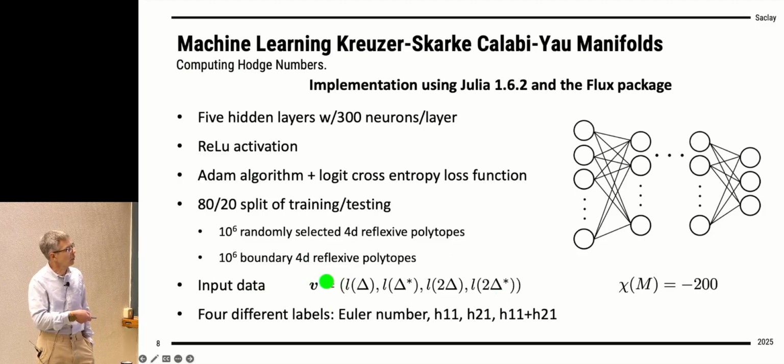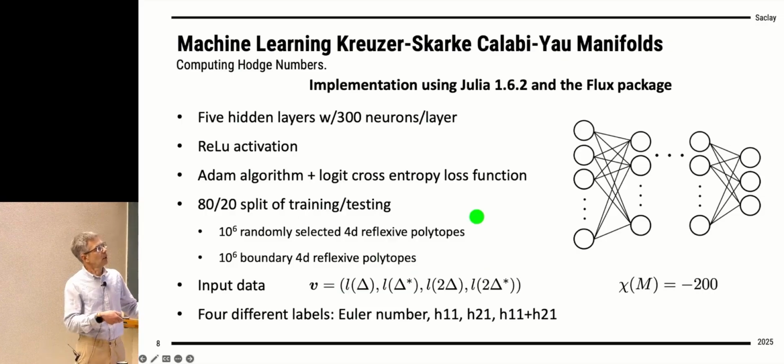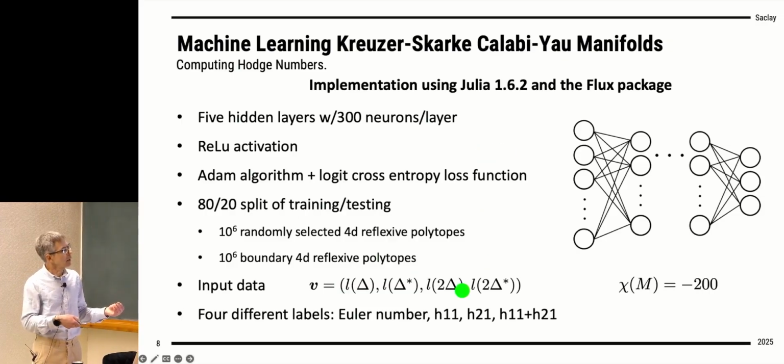If you have a polytope, you count the number of points in the polytope, you construct a dual polytope, count the number of points there, and you do the same thing for the scaled up versions of these two polytopes. So these are the four numbers. And from these four numbers, it turns out that the neural network will provide a relation such that we can compute the Euler number.